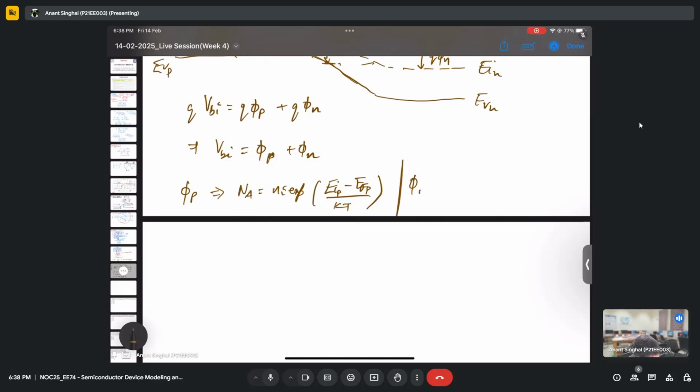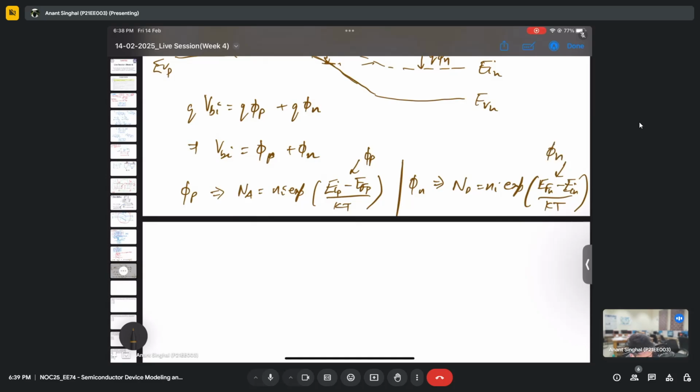And similarly, phi n will be, can anyone quickly tell now? So this is phi p. Ni exponential of EIN minus EFN by KT. EI will come first for the n type. Think a bit. Then minus EFN by KT, yes.